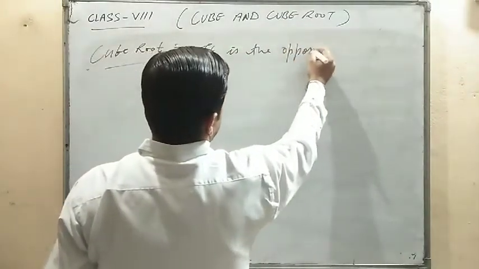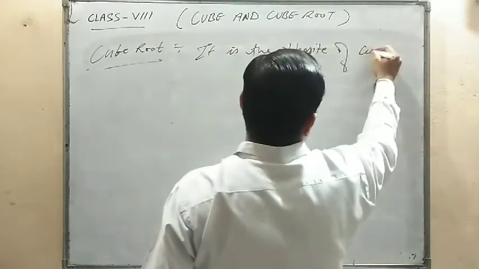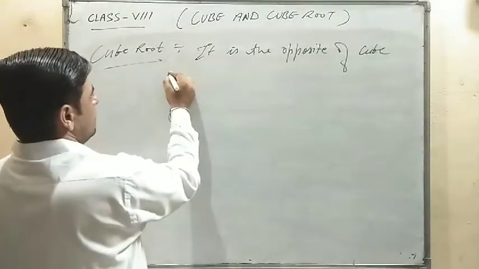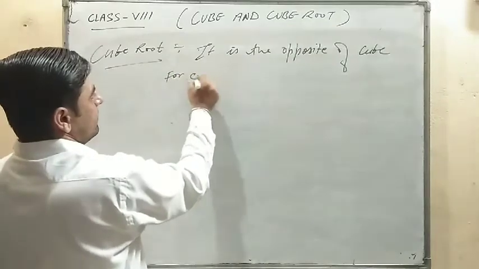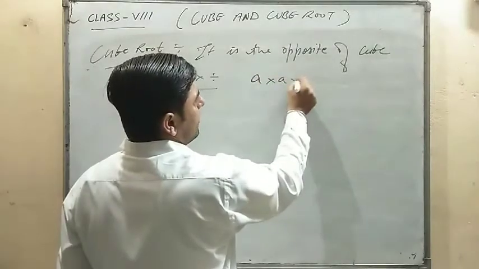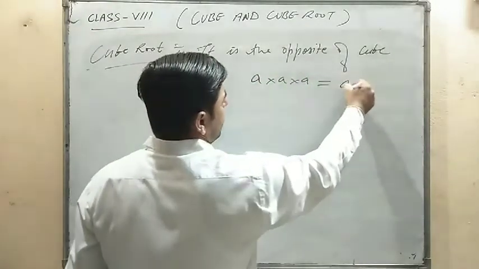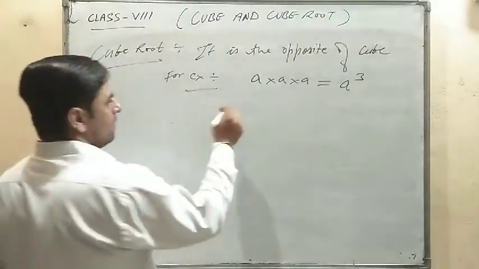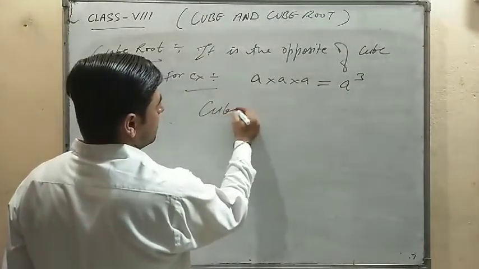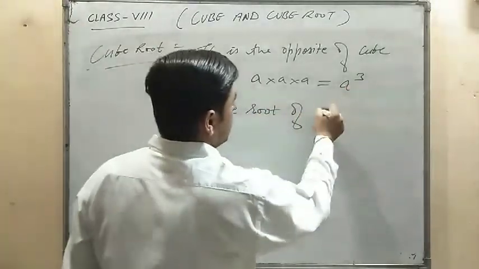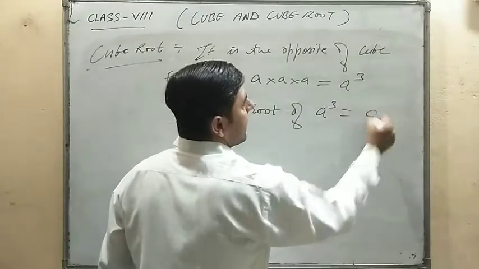For example, a into a into a is equal to a cube. So we need to find out the cube root. So the cube root of a cube is a.